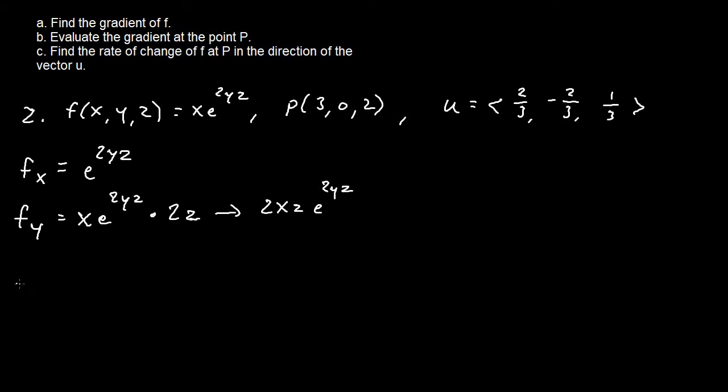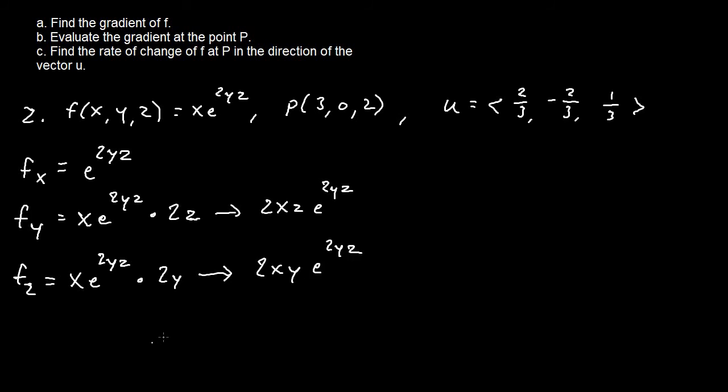Now let's find the partial derivative of f with respect to z. If z is the variable that we derive, it's the same process. We have x times e to the 2yz times the derivative of the inside. This time we're deriving with respect to z, so we get 2y. So I can rewrite it as 2 times x times y times e to the 2yz.